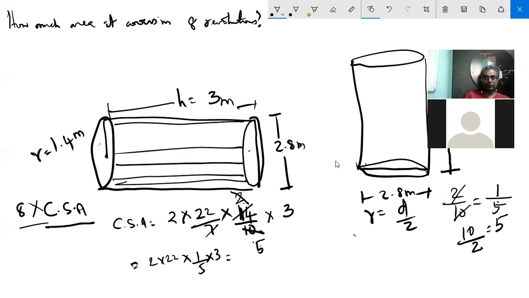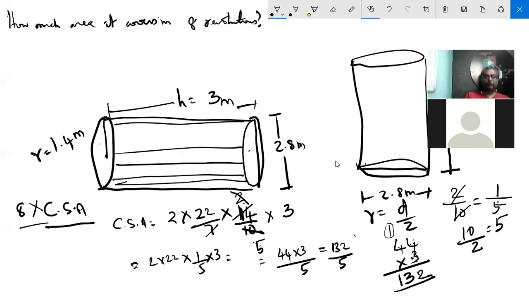That's the answer. 2 into 22 is 44. 44 into 3 divided by 5. 44 into 3: 3 fours are 12, 3 fours are 12, plus 1 is 13, so it is 132 by 5.